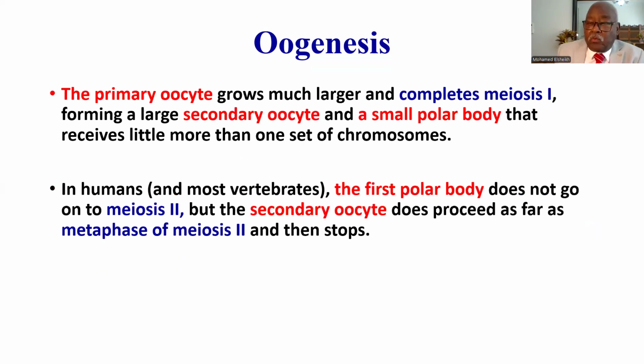So as I have shown in the previous slide, it divides to form the secondary oocyte and the polar body. In humans and most vertebrates, the first polar body does not go on to meiosis 2. The secondary oocyte does proceed as far as metaphase of meiosis 2 and then stops.